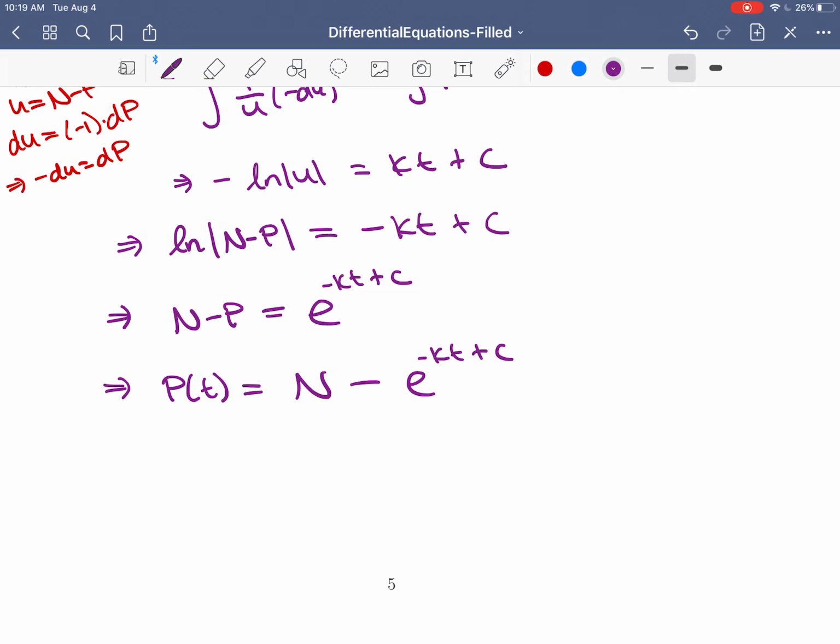Now like we did before, we could change e to the negative kt plus c. So this is actually e to the negative kt times e to the c. And maybe e to the c we write as, I'm going to call it M this time, some constant times e to the negative kt.